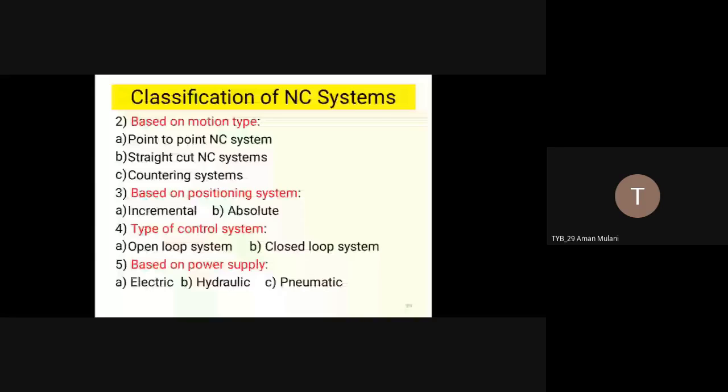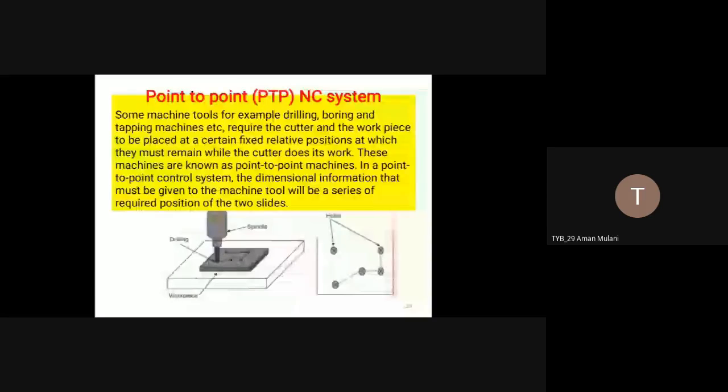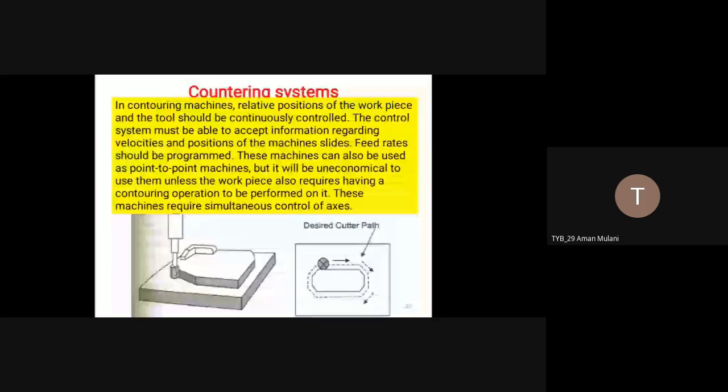Okay, so point to point, straight cut, contouring system, then positioning in terms of absolute and incremental, then open loop and closed loop, and their advantages, disadvantages and real applications. Here we can use the open loop system and closed loop system in terms of stepper motors and other drives. So we have discussed this classification of the NC system type by type.